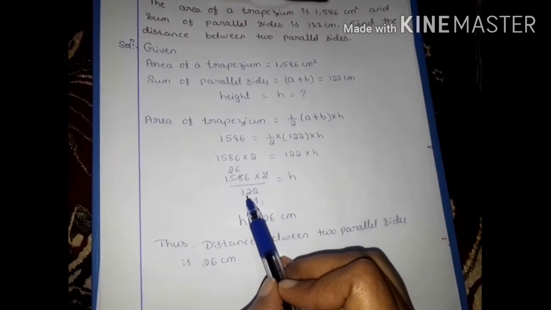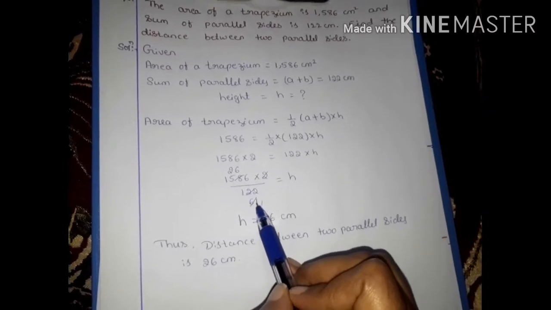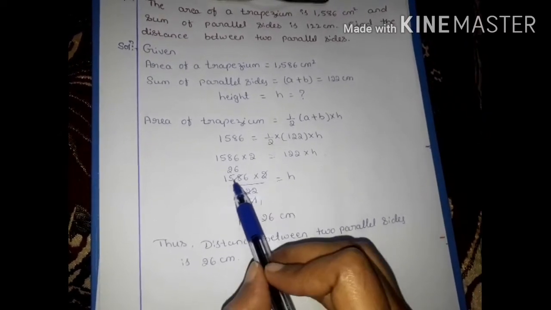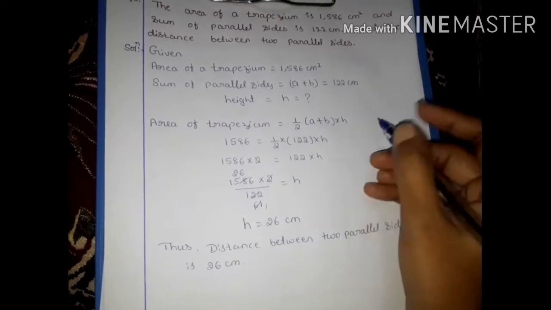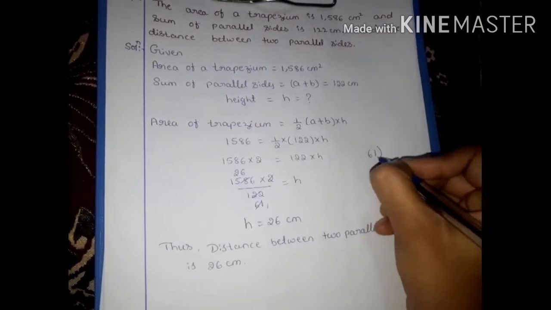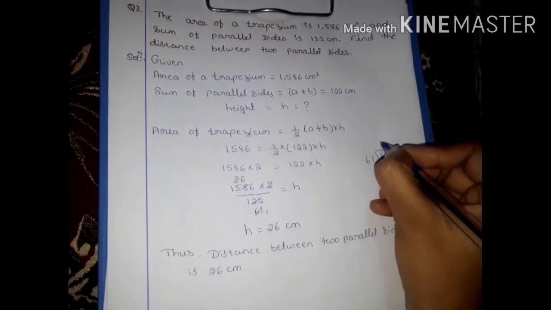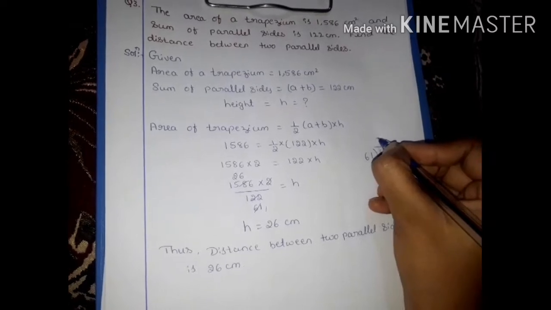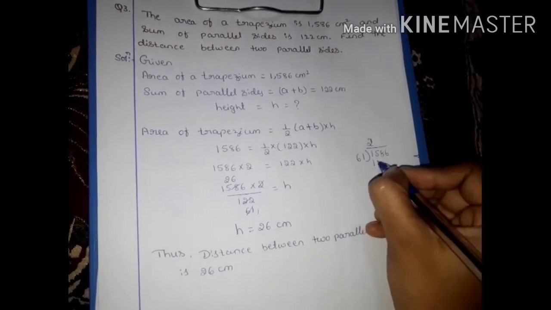2 ones are 2, 6 twos are 12, 2 ones are 2. Nothing but 61. Again, 61 and 1586, cancellation you have to do. In a rough column you can divide 61 into 1586. 61 twos are 122.